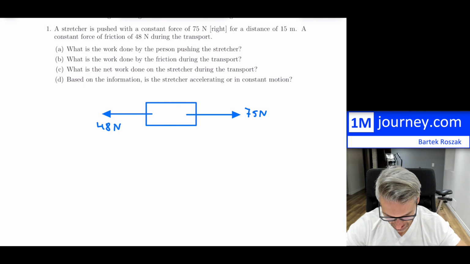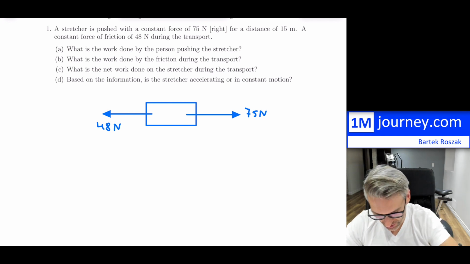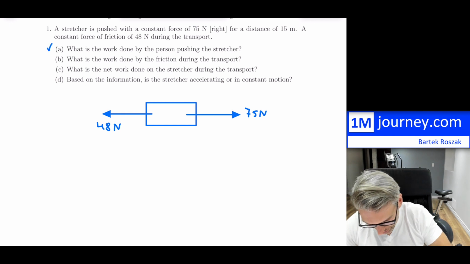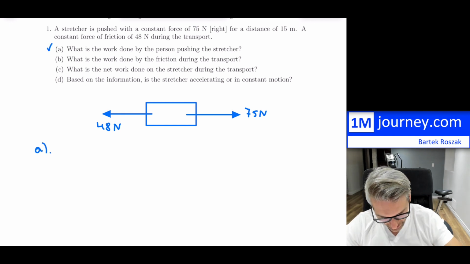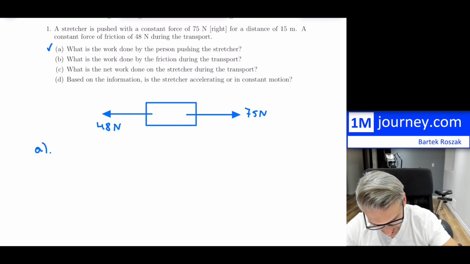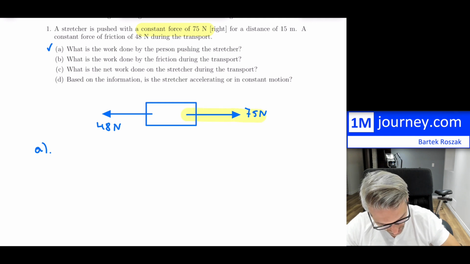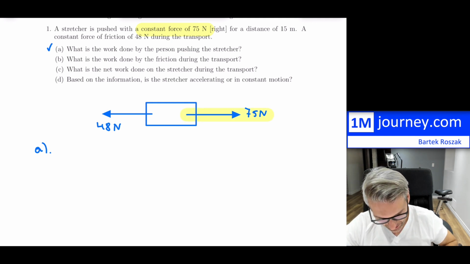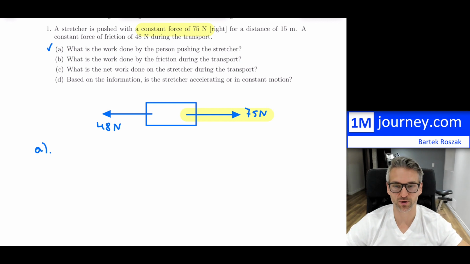Now let's take a look and see what they're asking. What is the work done by the person pushing the stretcher? So this is the part A component. The work done by the person pushing the stretcher is the constant force that we have, and that would be just this force on its own. So that's the total force applied by the person.